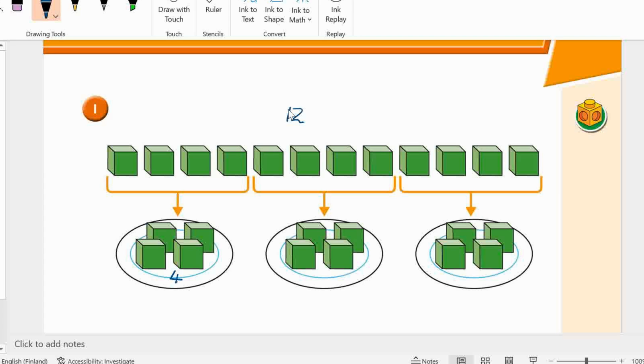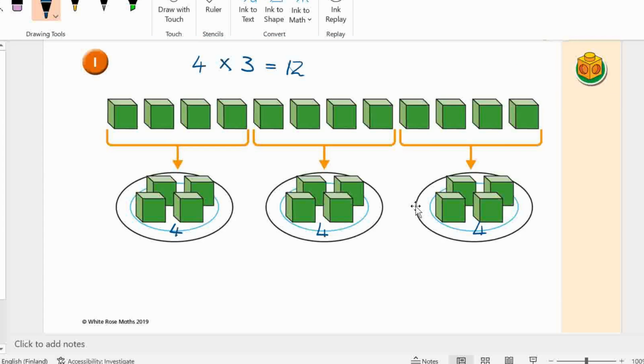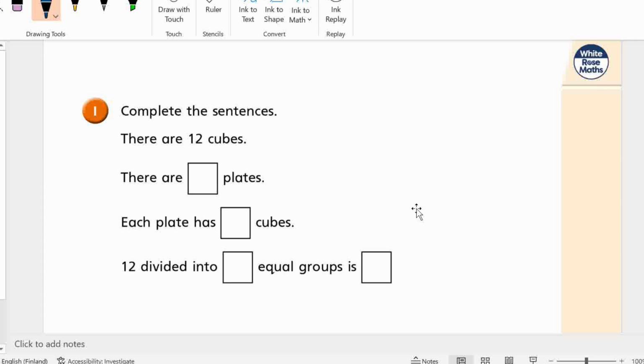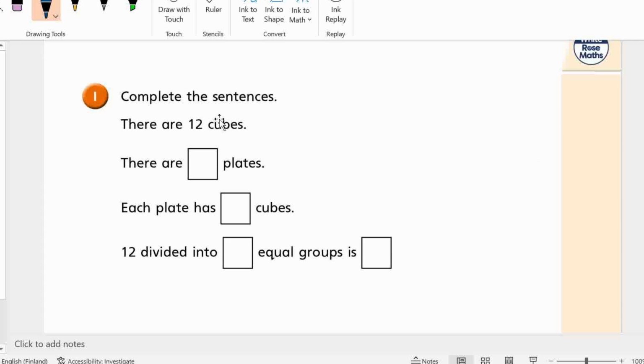So there's 12 altogether. How many are there in each group? 4. So that means 4 times 3 equals 12. Let's see what the question says. Oh, there isn't a question. Okay. So there are 12 cubes. There are how many plates? 3, there were 3 plates.